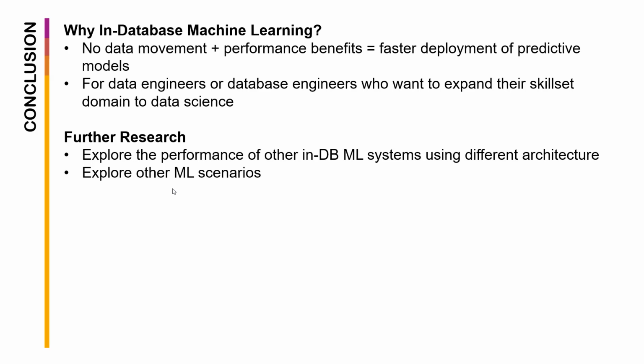This could provide faster deployment of predictive models. When we say deployment, this means even putting these models into production, into actual use in applications, which will be made much faster compared to doing machine learning outside the database.